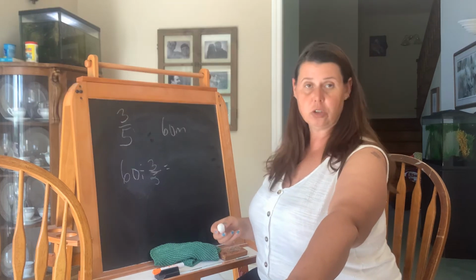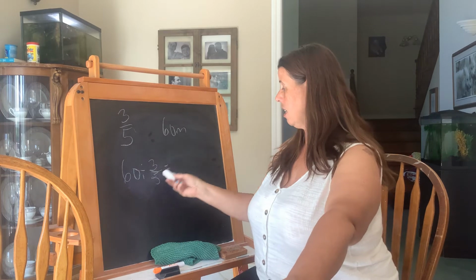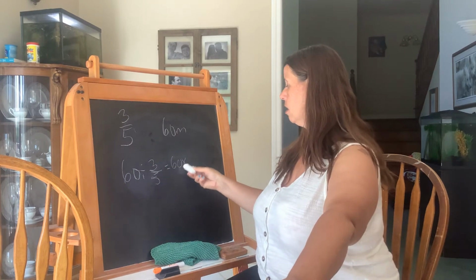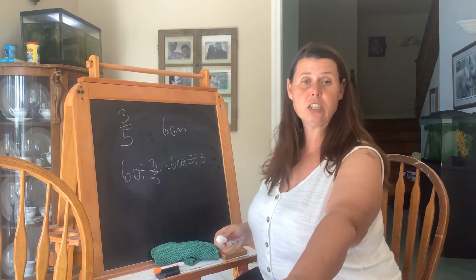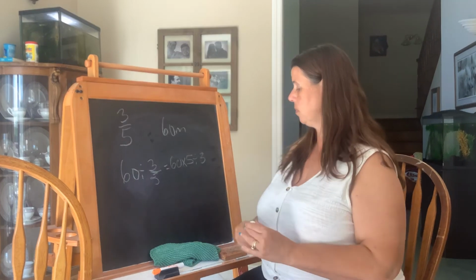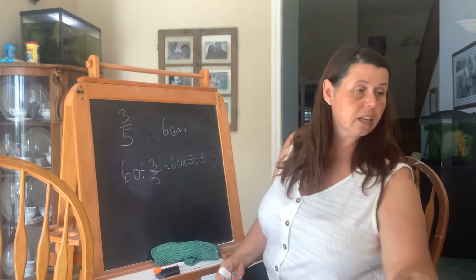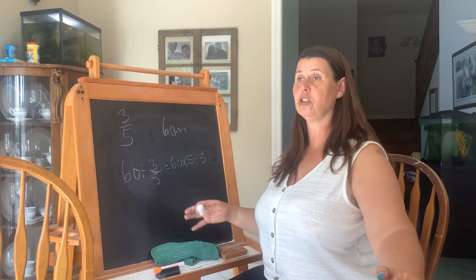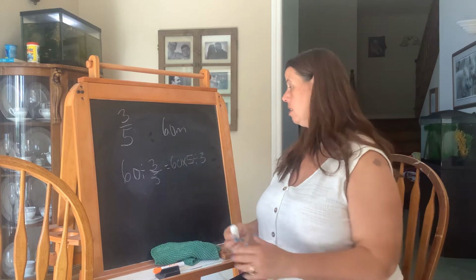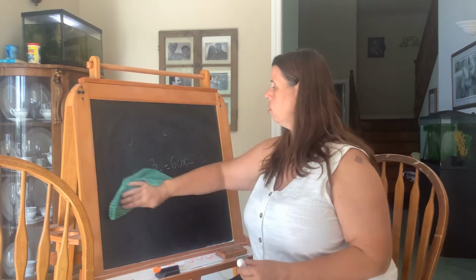So you're going to do it exactly the same way. 60 times 5, and then divide it by 3. Okay, if you need to use a calculator, you can do that. Remember, the question asks, how many pieces has he made? So your answer should say this many pieces. Okay? Go do question 4.